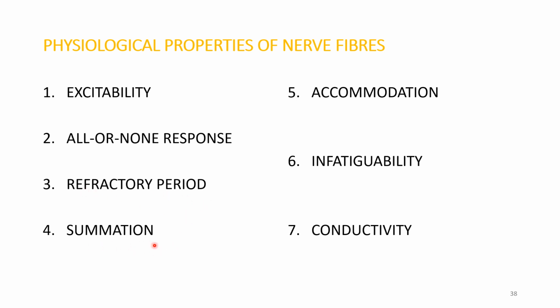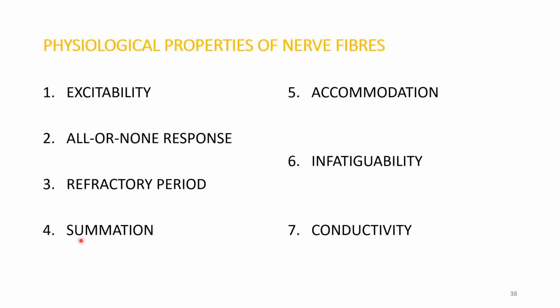Now coming to summation. Summation means if we are giving subthreshold stimuli repeatedly, these stimuli can be summated. If the interval between the two stimuli is less than 0.5 millisecond, then these can be summated. Although we are giving subthreshold stimuli, these can be summated and the nerve fiber will generate an action potential.